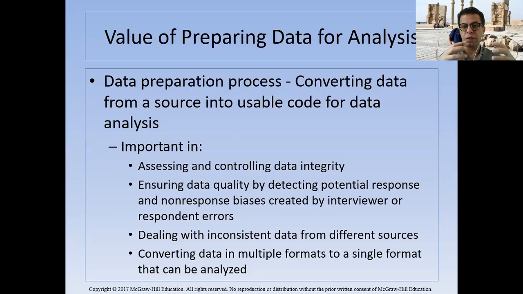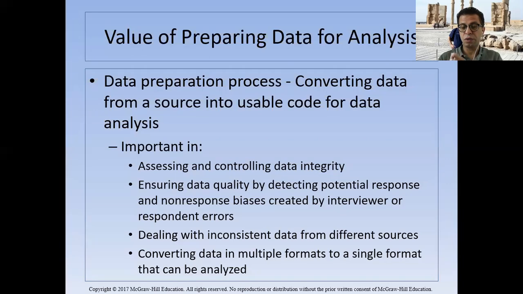We collect all these data and put them in a usable code in order to analyze it, and then we come up with proving or disproving the hypothesis, and then building the theory.